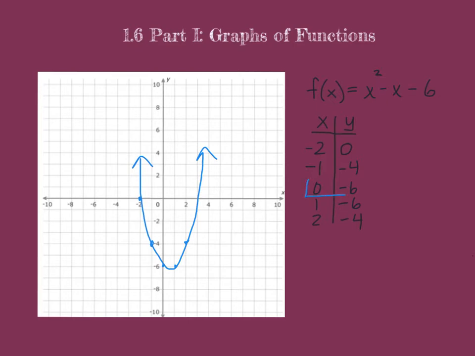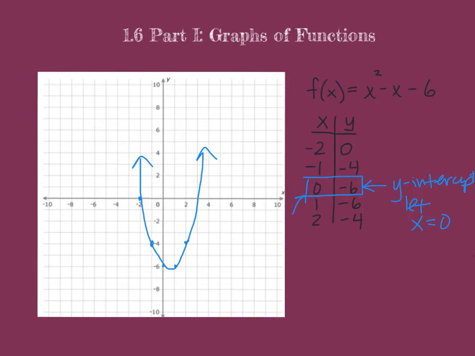So right here, this coordinate point, when we plugged in 0 for x, this is the y-intercept. We get the y-intercept when we let x equal 0, because when you let x equal 0, you're on the y-axis. X is always 0 here. So when you plug in 0 for x, you'll get out your y-intercept, which is -6.